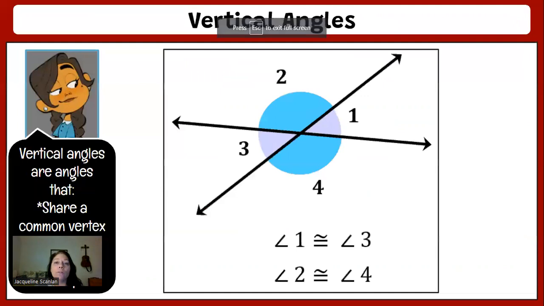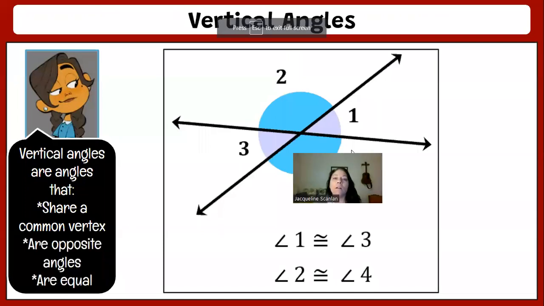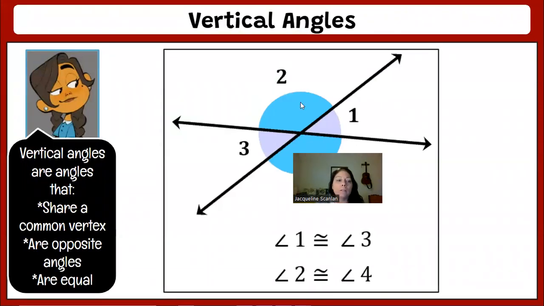You can see here that vertical angles are angles that, and then it tells you in the corner box that they are angles that share a common vertex, that they are opposite angles, and that they are equal to each other. Their degree measurements are equal.